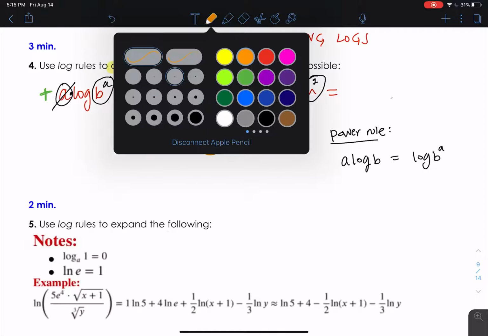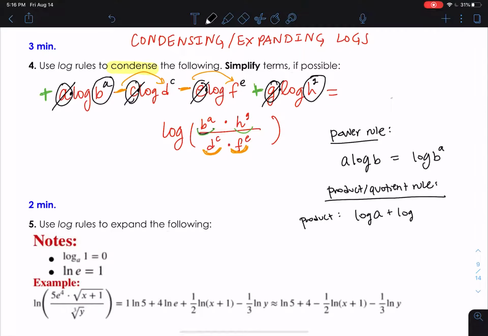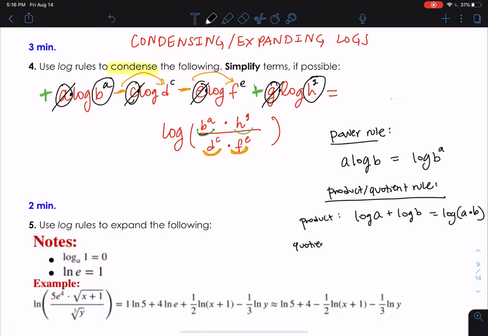So the other thing that you're learning now is called the product and the quotient rule, which says, so let's start with the product rule. It says that log of a plus log of b becomes log of a times b. And then the quotient rule, quotient meaning dividing, says log of a minus log of b becomes log of a divided by b.